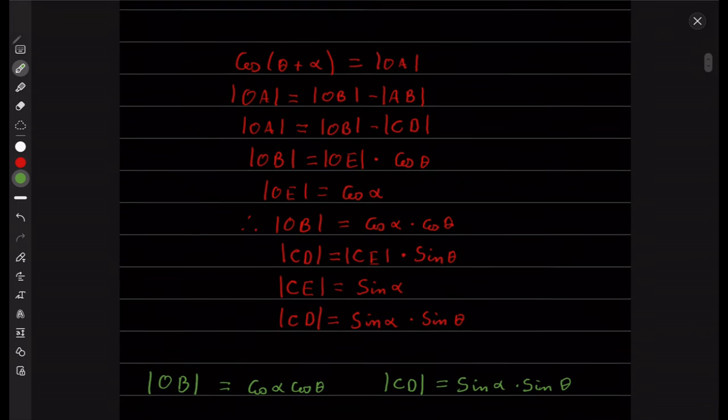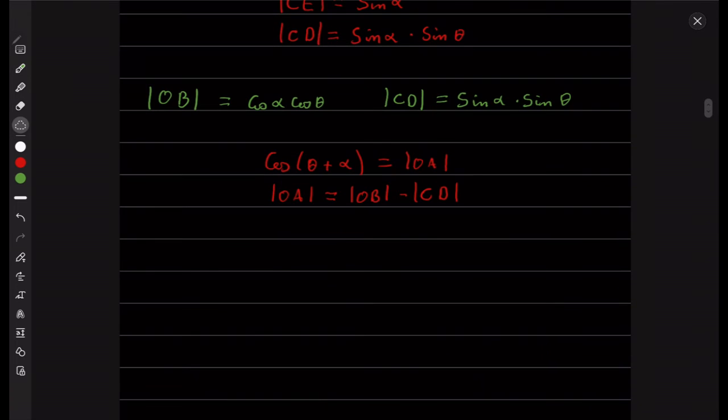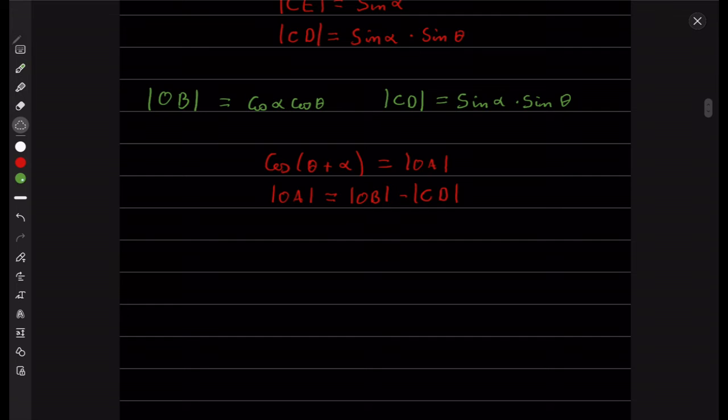And remember that this, we can now say, therefore, cos theta plus alpha is equal to OB minus CD.